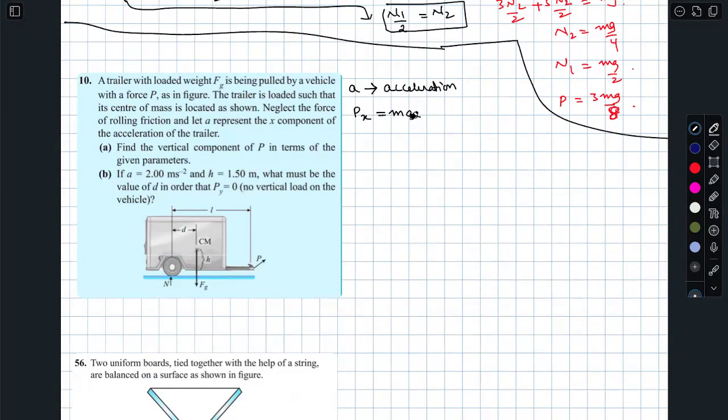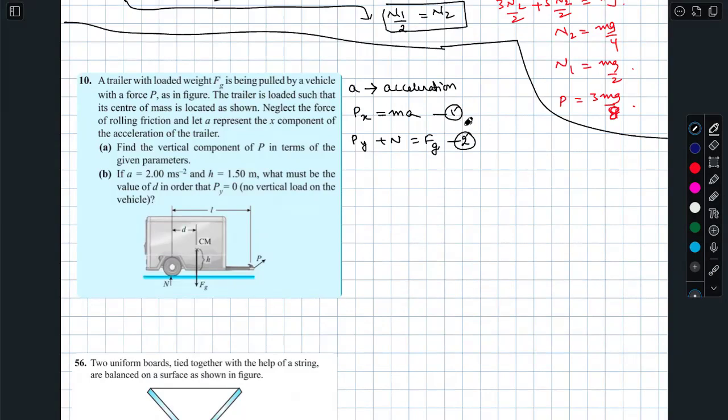Any doubt? And what about the Y component? Py is upwards. Normal reaction is upwards. Weight Fg, as given, is downwards. Equation 1, equation 2. Any doubts till this point?